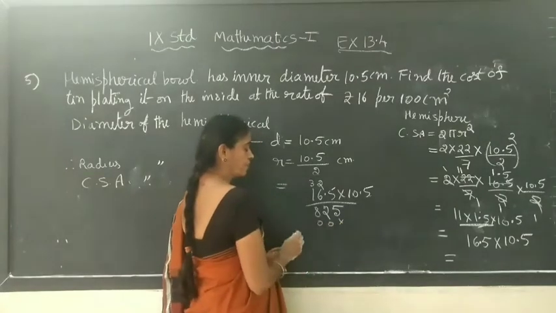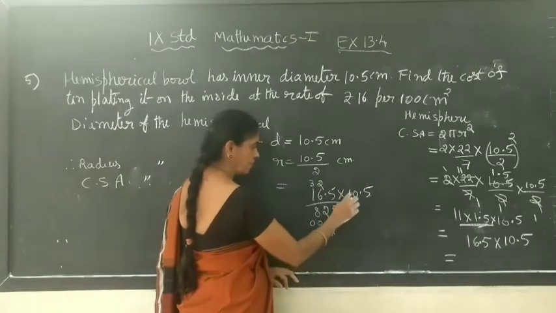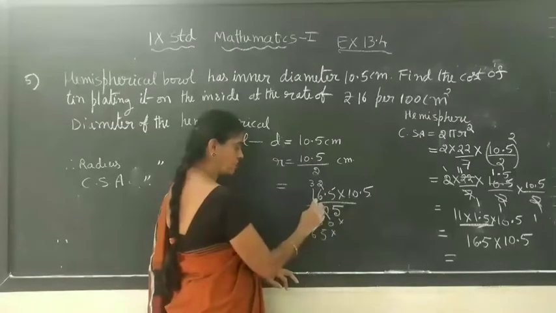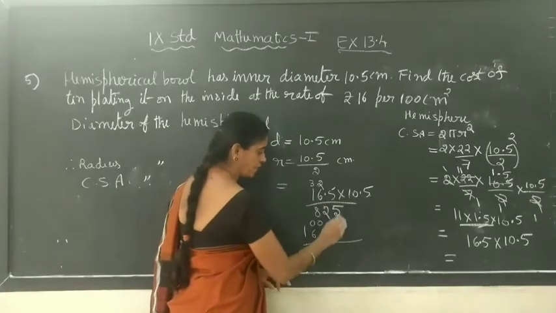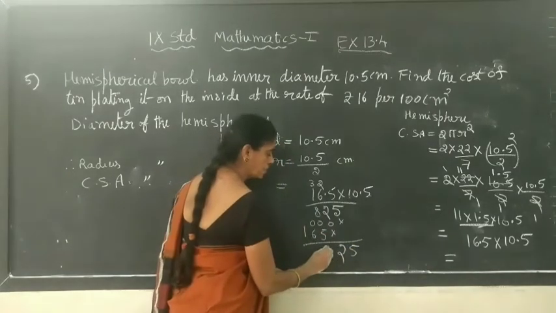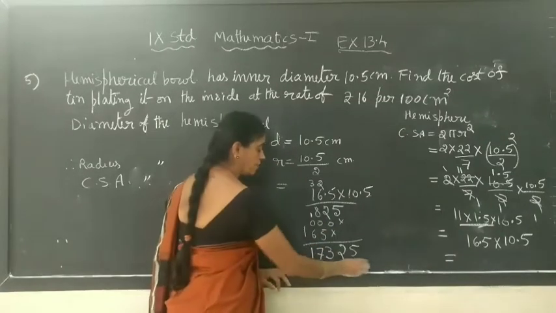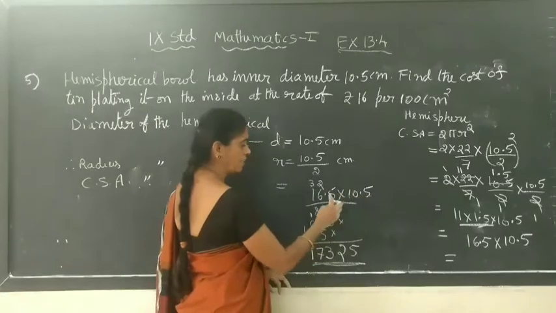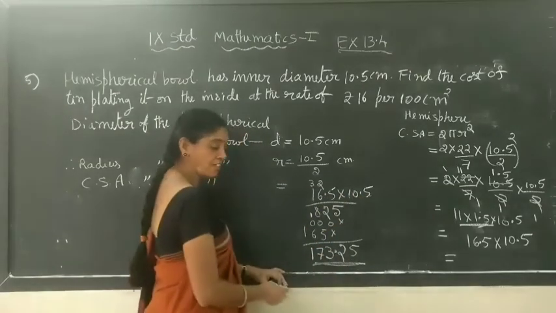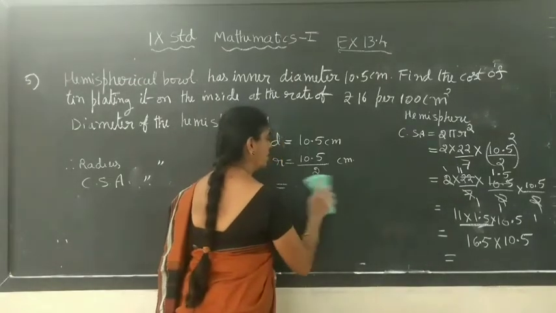Then 1 table, leave again 1 place: 1 5s are 5, 1 6s are 6, 1 1s are 1. Now add it: 5, 2, 8 plus 5 is 13, 1 in hand, 7, and here 1. So here 1 place, here 1 place, so after 2 places point will come. It is 173.25.